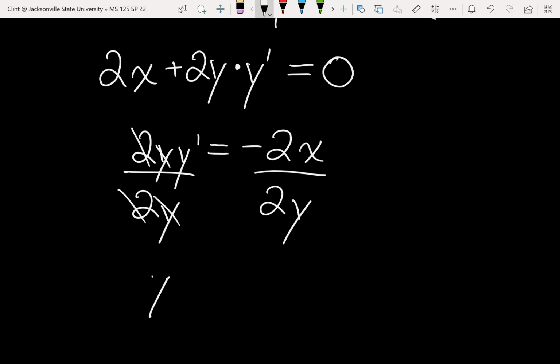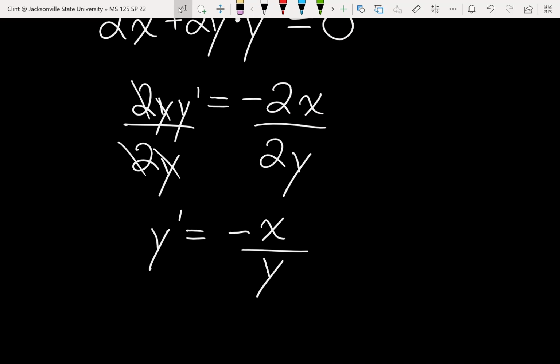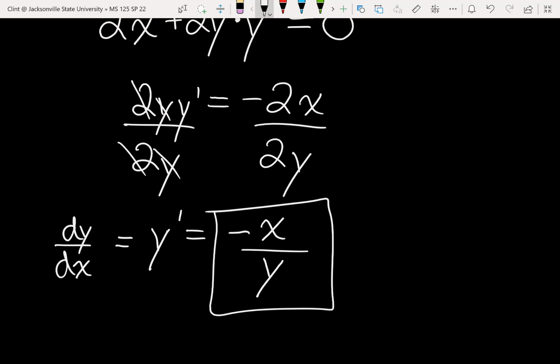So we have y prime, or dy dx if you prefer, equals negative 2x over 2y. The 2's can cancel. You should get negative x over y. Again, this could be dy dx. So there is our derivative.